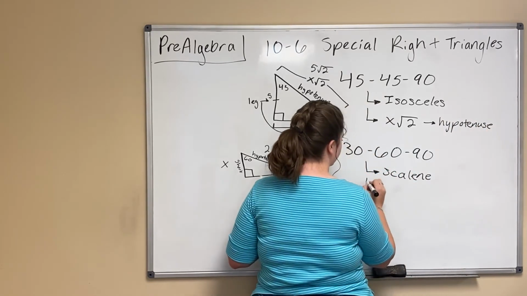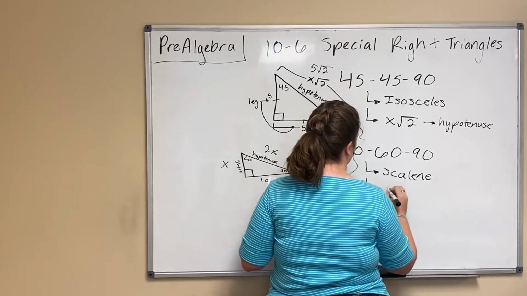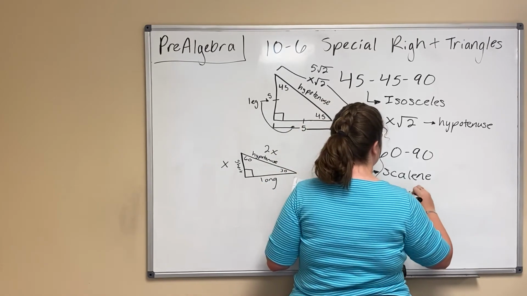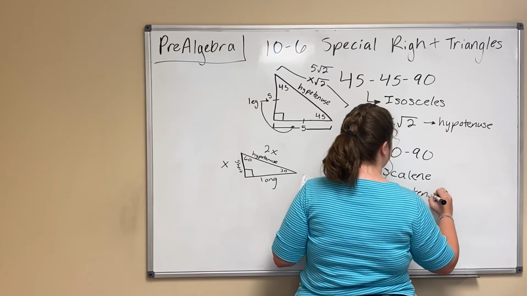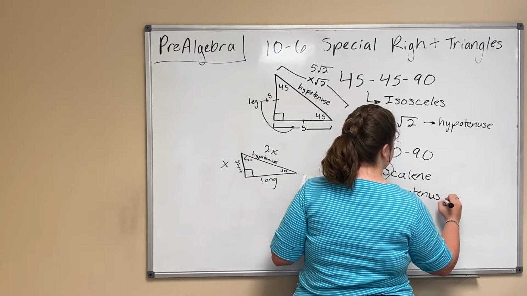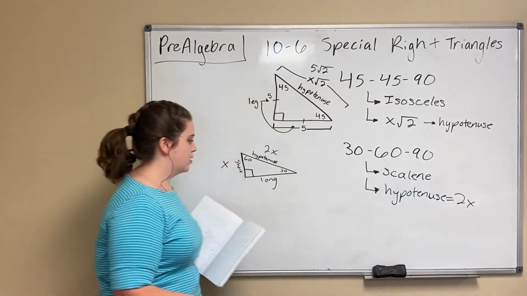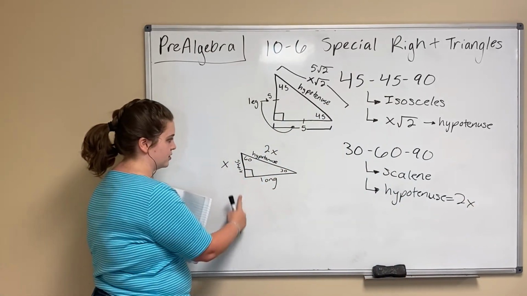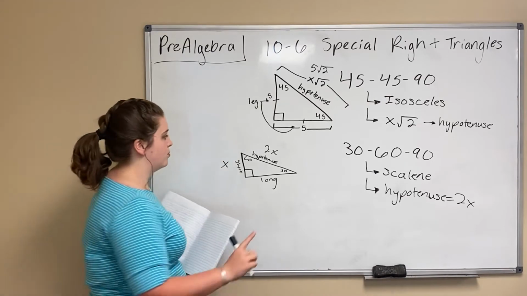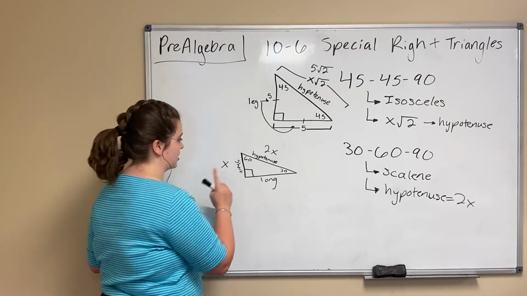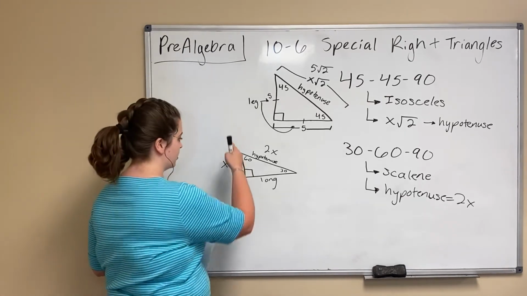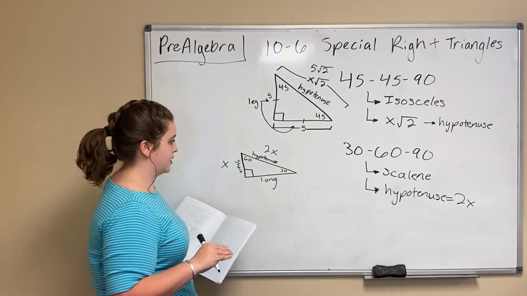Down here, the hypotenuse equals 2 times x. And x being the short side, the hypotenuse will be 2 times the short side, the short leg of the triangle.